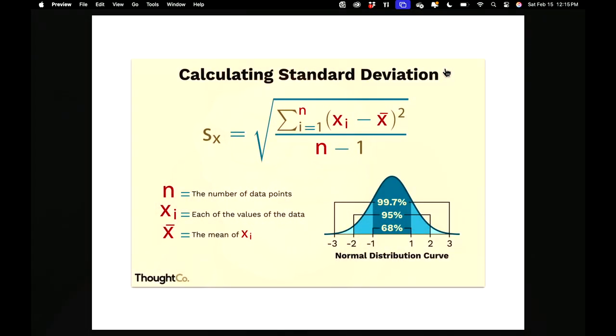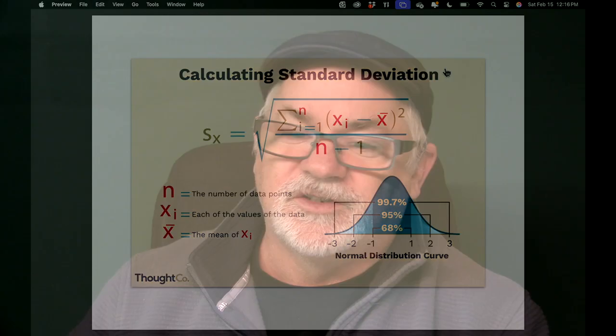And this is how we calculate it. Look at that. The square root, and we have the denominator, the sum of all the data points minus the mean, squared. The squaring makes it a positive number, because we always want that to be positive.